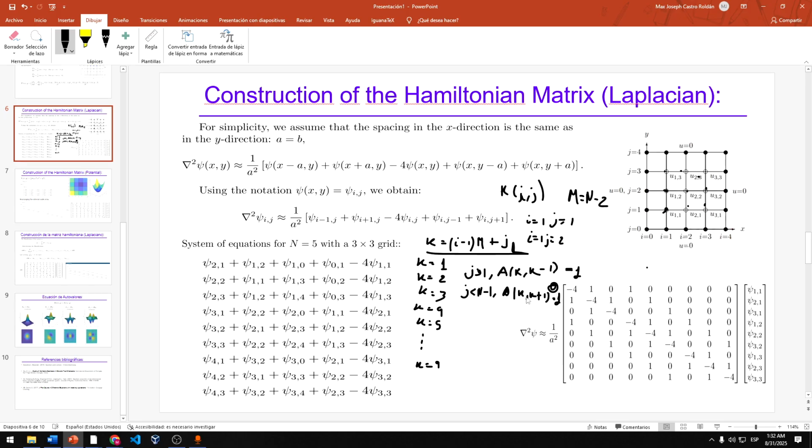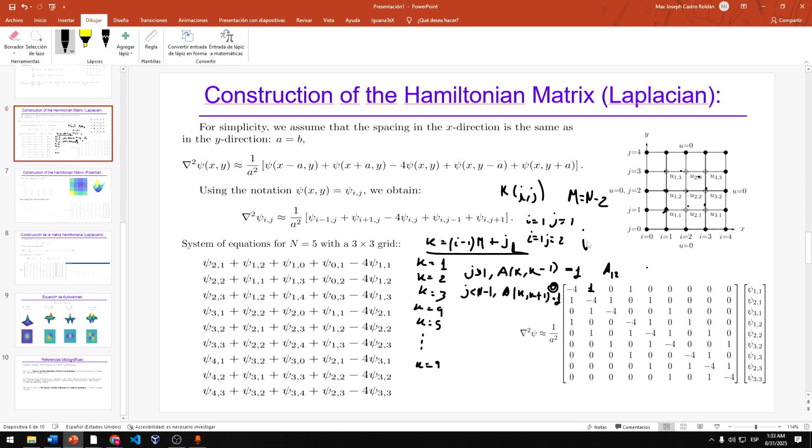Entonces, A sub 1, 2 automáticamente va a ser igual a 1, porque J es menor a N menos 1. N menos 1 es 4. Entonces 2 es menor a 4.